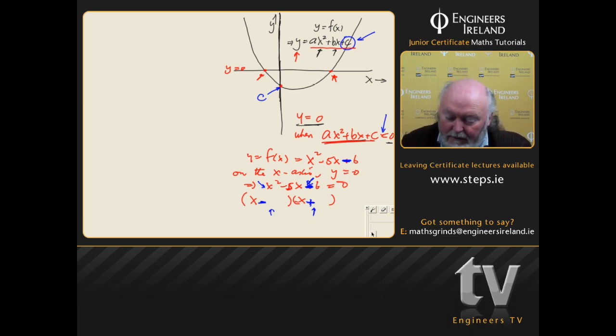What does that minus tell us? That minus tells us that when we add the two numbers together, the minus one is the biggest. And we're looking for factors of 6. So 1 multiplied by 6. And the minus 1 is the biggest.